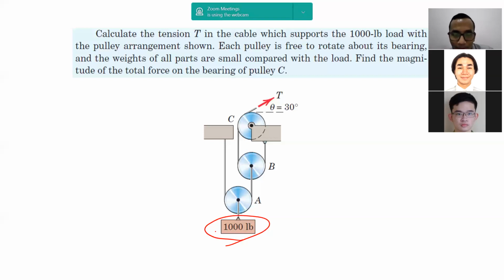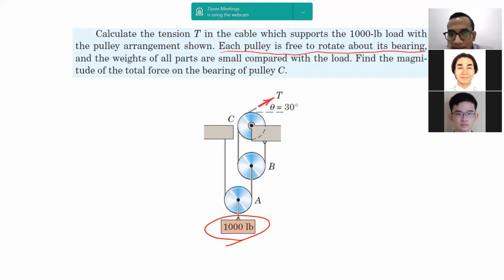So what do you think, which free body diagram are we supposed to draw? The pulley. Which pulley are we supposed to draw first? Pulley A. Yes, correct. We're supposed to start with pulley A. And remember that there is information here that you're not supposed to miss: the pulley is free to rotate about its bearing.